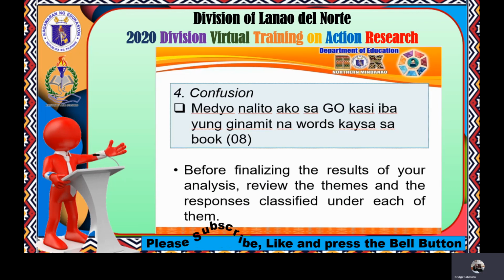Before finalizing the result of your data analysis, try to review again the themes and the responses classified under each theme. How? Reread and reread the transcription of the responses from the respondents.